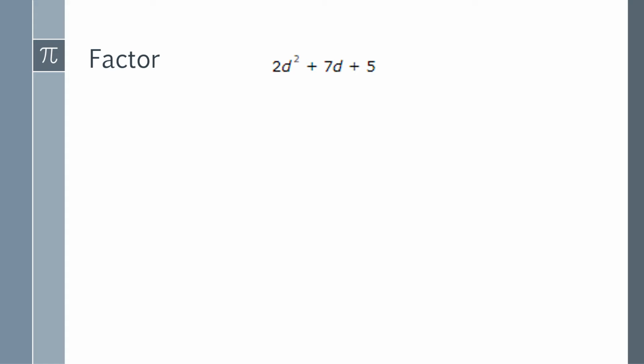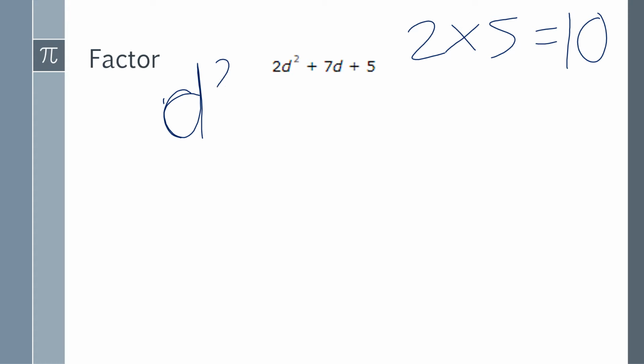So, time for us to do that swing method. Well, before you can swing anything, you gotta multiply 2 times 5, which gives you 10. So we gotta rewrite it: x squared plus 7x plus 10.